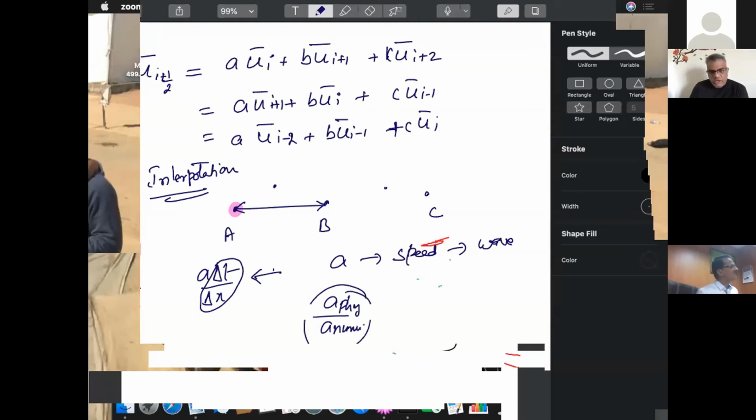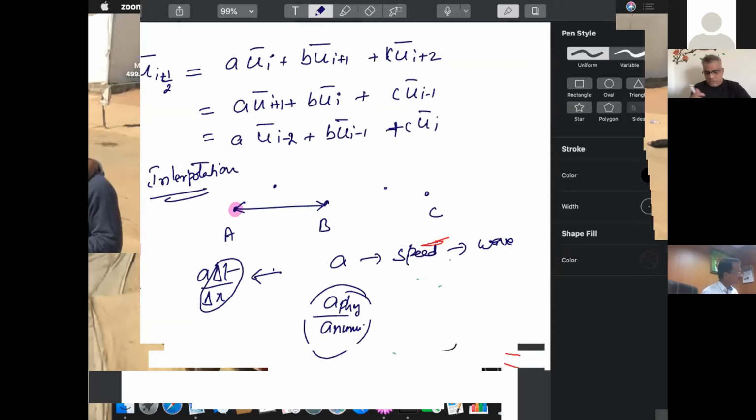You have a ratio of two speeds. One is the speed with which the physics, the basic information, is traveling inside the domain. The second is the speed with which the information is traveling on the grid, which depends on delta x and delta t.